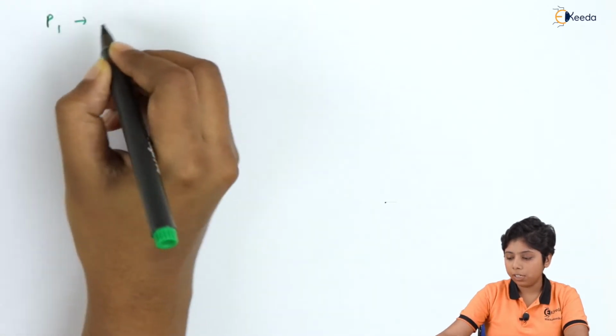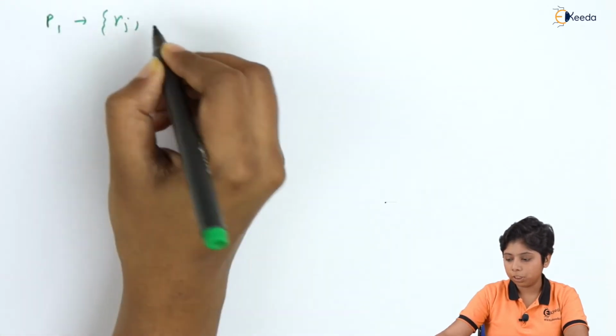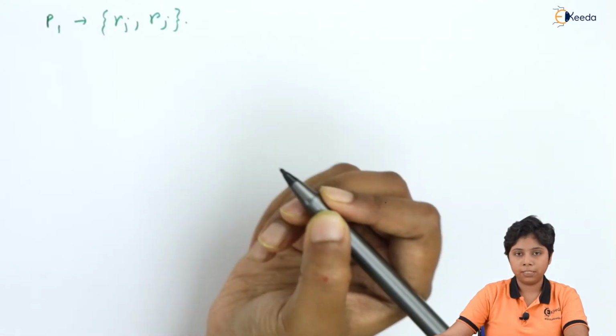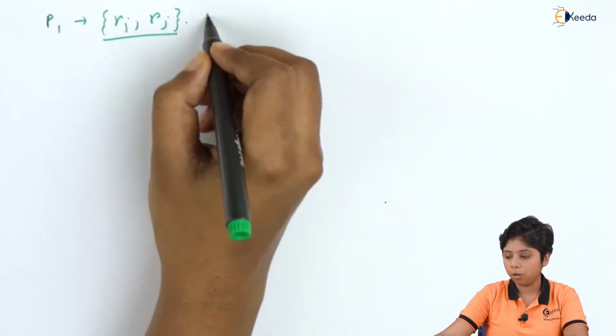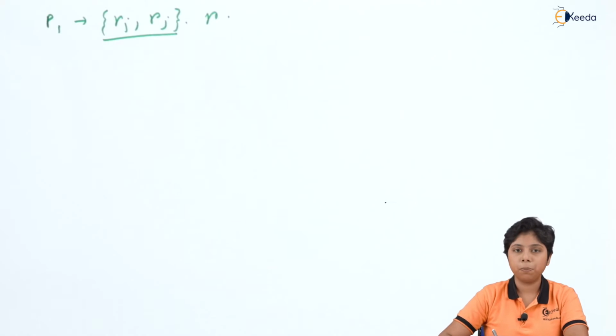Even with the problem of replication, suppose that P1 needs only the Ri and Rj portion of the data to be updated, but they give the total copy of R to P1.